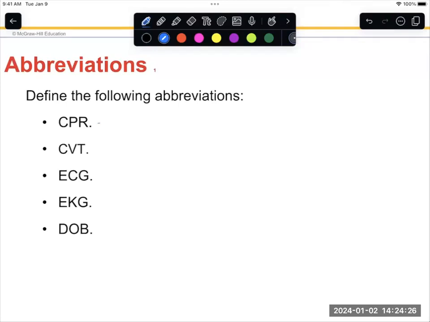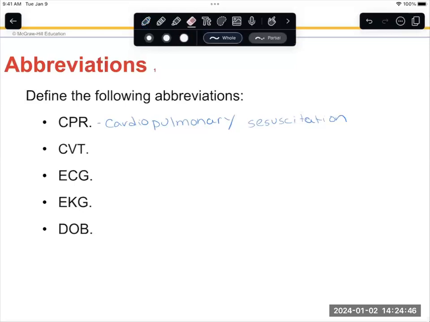CPR, cardiopulmonary resuscitation. CVT, cardiovascular technician.